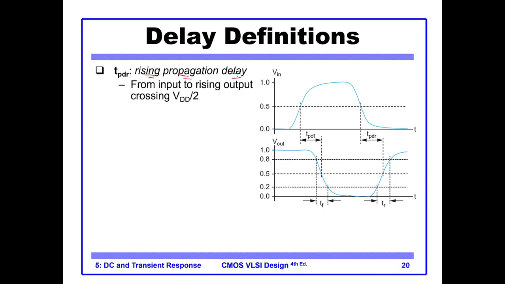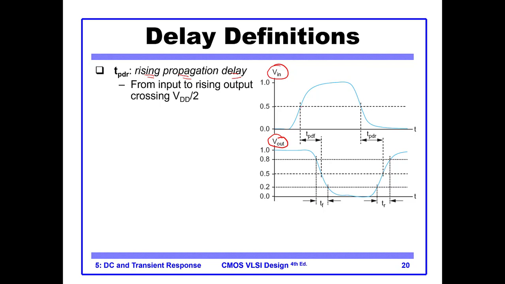Okay, so it is from input to rising output crossing VDD by 2. So imagine the curves of our inverter. The first one is the curve of Vin, and the second curve is the curve of Vout.